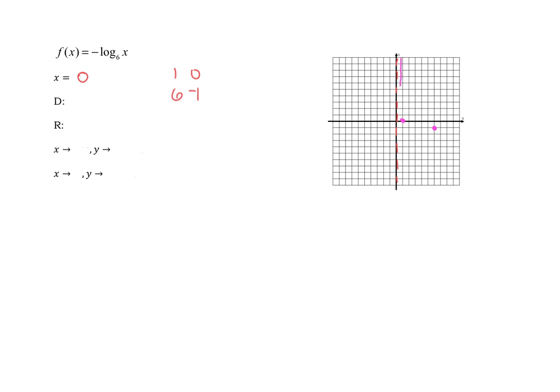So this time it's going to start at the top and move that direction. My domain is from the asymptote to infinity. My range is bottom to top, so that's always negative infinity to infinity for log. As x goes to the left, I'm going to the asymptote. So as x goes to 0, y is going to positive infinity. And as x goes to infinity, y is going to negative infinity.